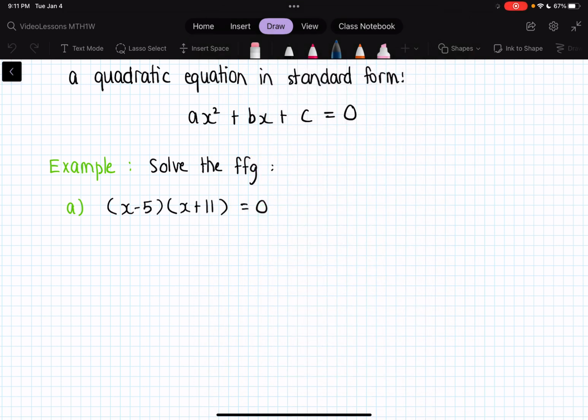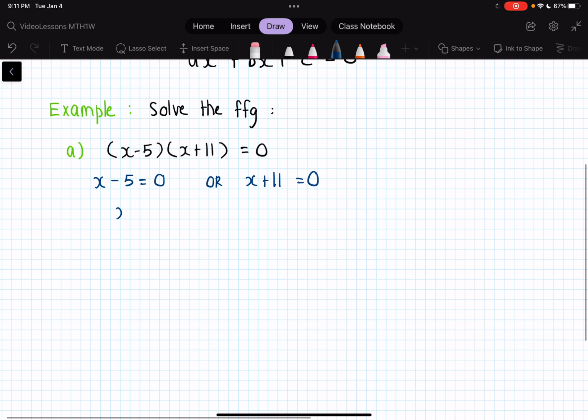So here, remember, if two brackets equal 0, that means one of them equals 0, or the other one equals 0. And that then means that x equals 5, or x equals negative 11.